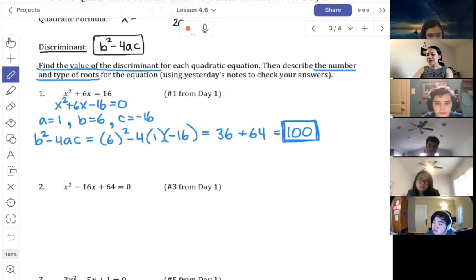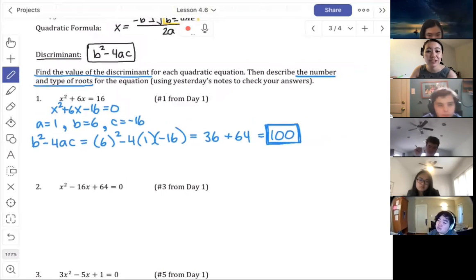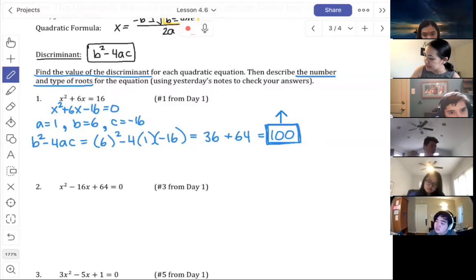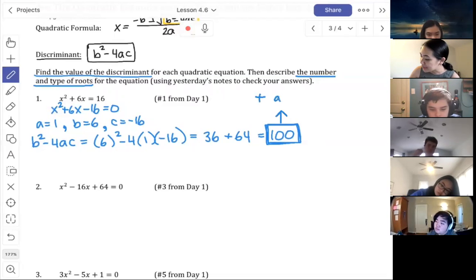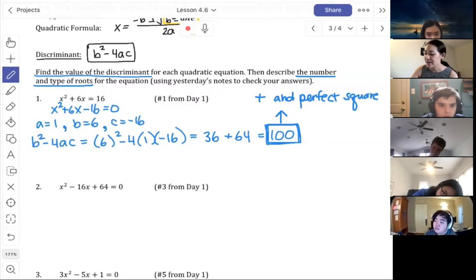Now, why that's useful is because just based off of the discriminant, it tells me what kind of solutions I can expect. So because this 100 is positive, and it's also a perfect square, it's the square of 10.